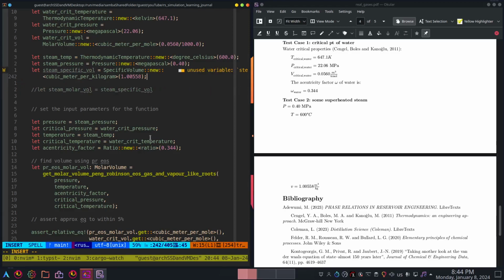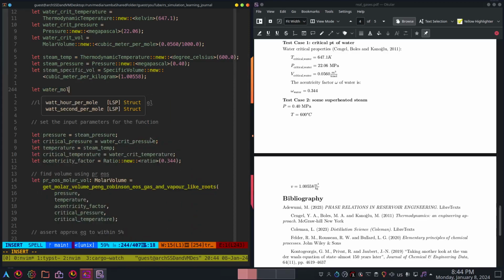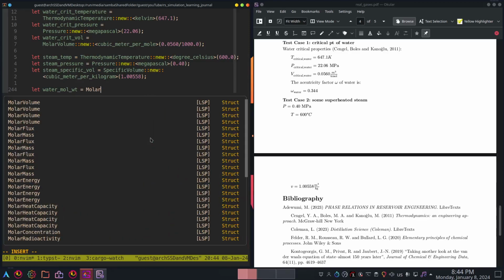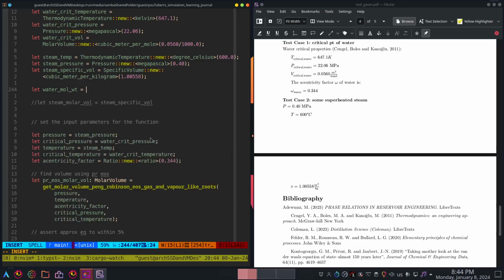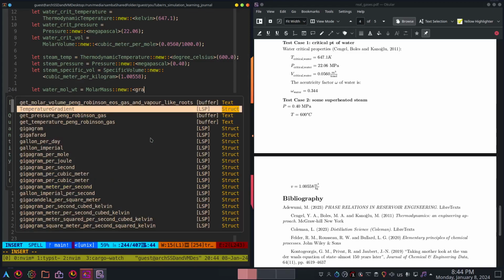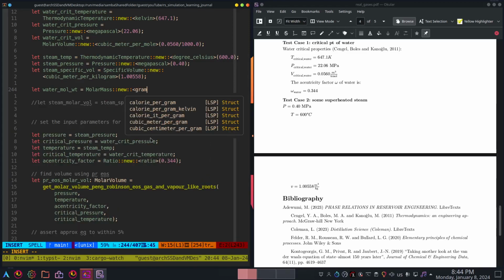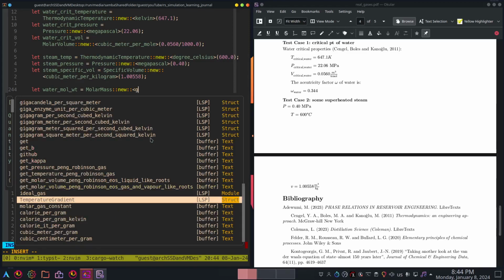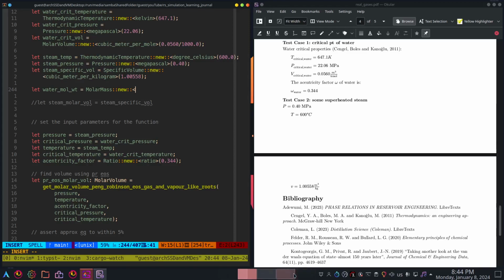do this first. Let water molecular weight equal molar, let's see, molar mass new gram. Okay, let me see. Molar mass.